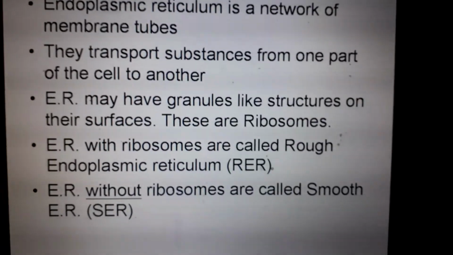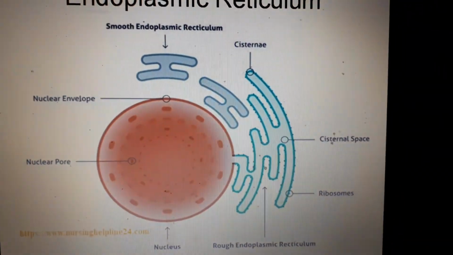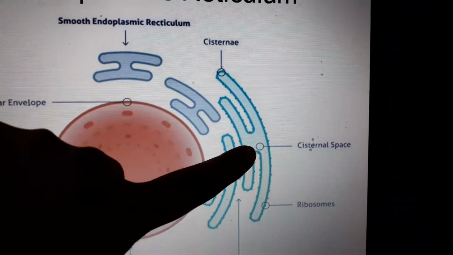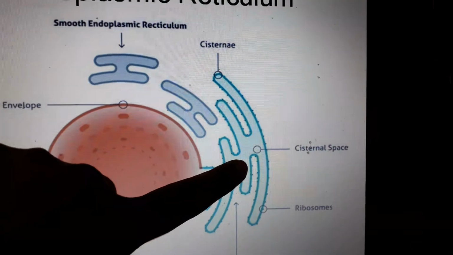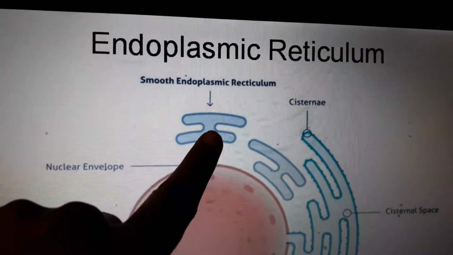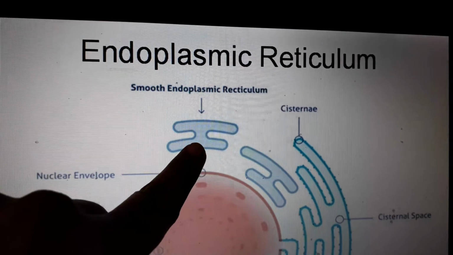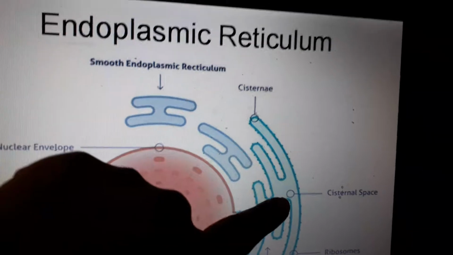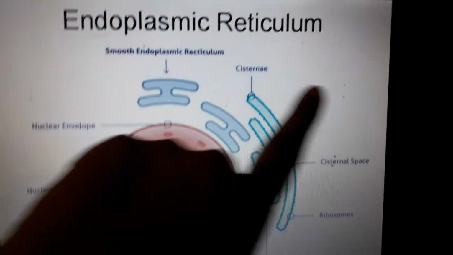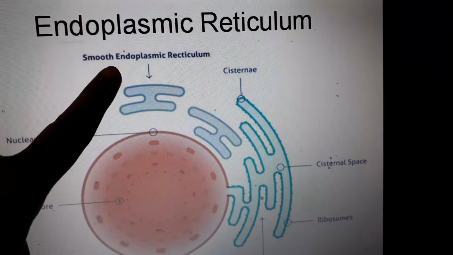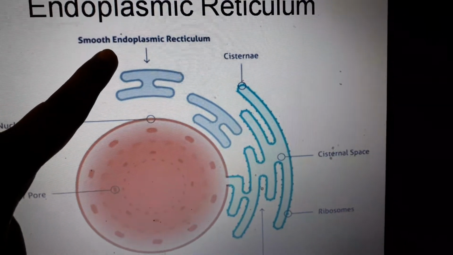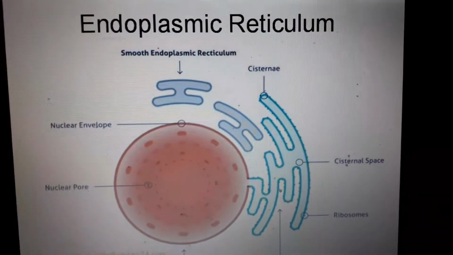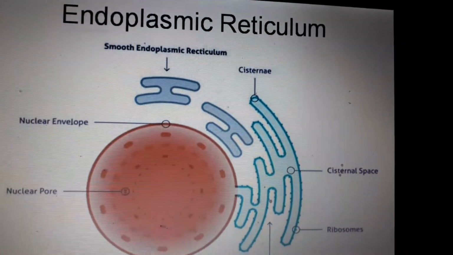So when you see these structures, rough endoplasmic reticulum helps in making proteins. Smooth endoplasmic reticulum helps in making fats or lipids. The proteins made by rough endoplasmic reticulum and the fats made by smooth endoplasmic reticulum help in preparing the cell membrane.